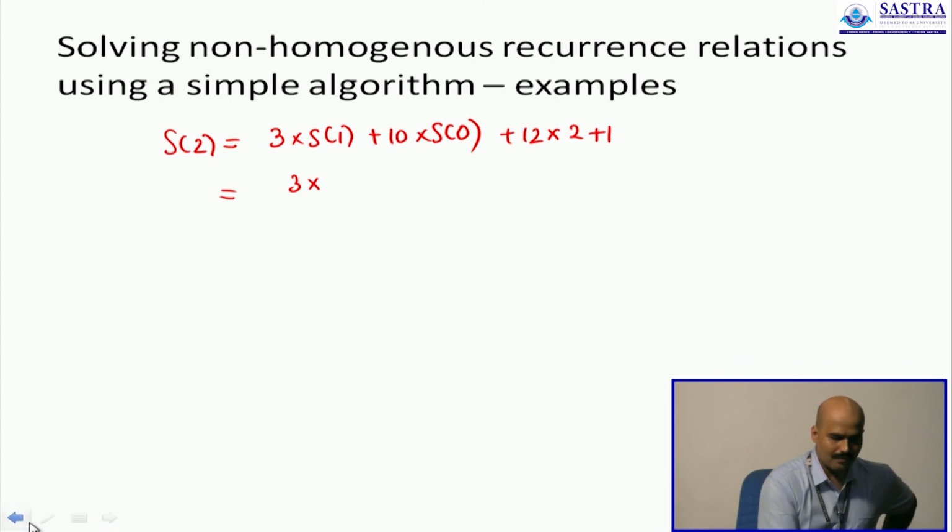So 3 times 3 and 10 times 2 plus 12 and 2 give you 24 and a 1, that's 25. That's 9 plus 20 plus 25, which is 29 plus 25, which is also 54.